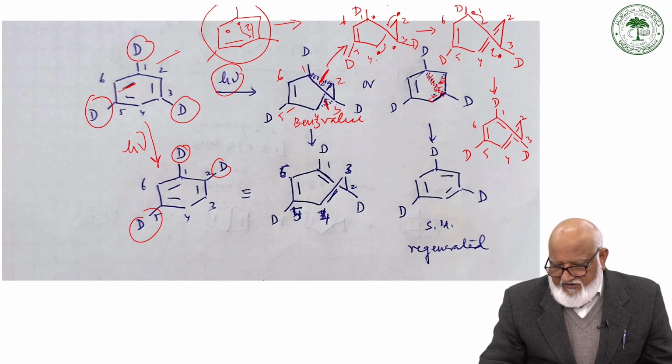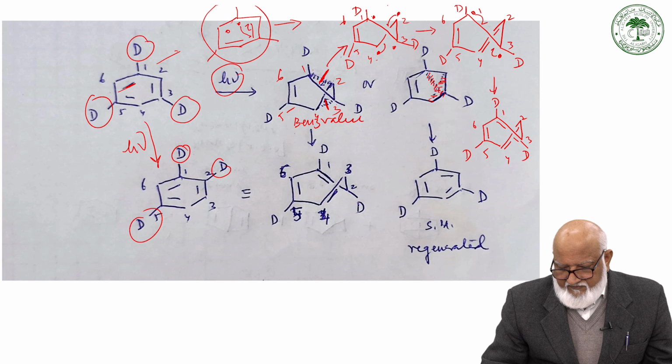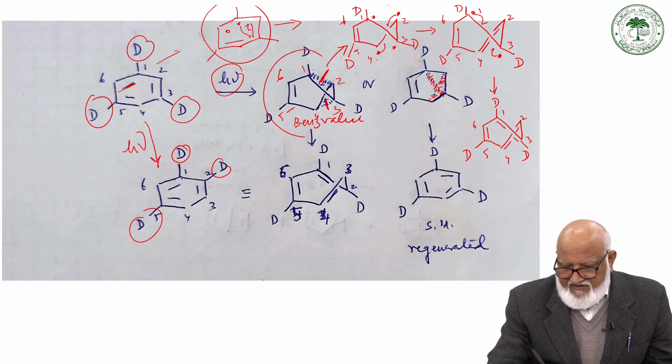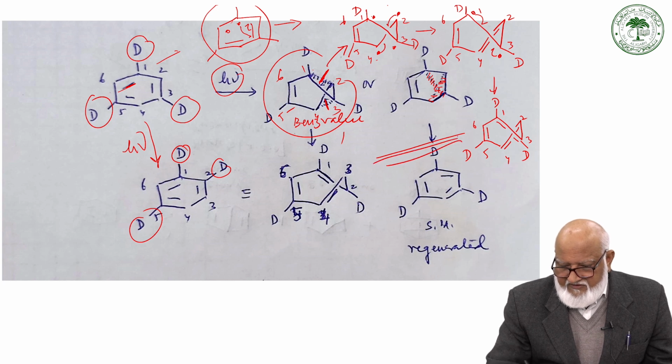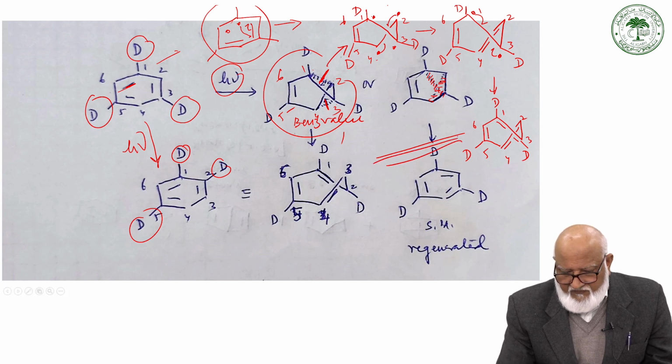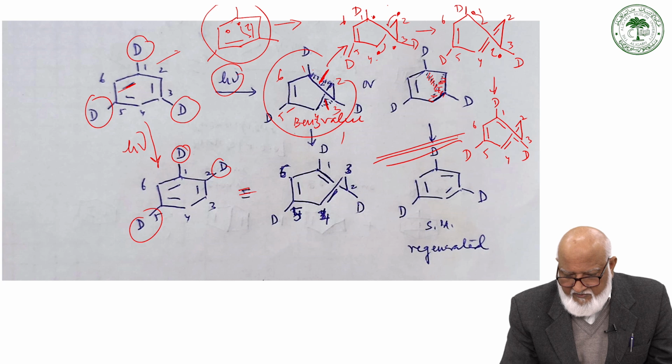But if you number this, because this benzvalene is transformed to this, and this is the same as this one. Now if we write this, carbon number 1 has a deuterium here, and carbon 1 is connected to carbon 2, and there is a deuterium, and then 2 is connected to 3.